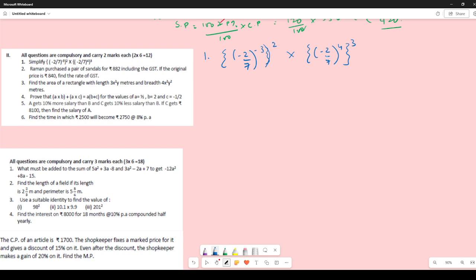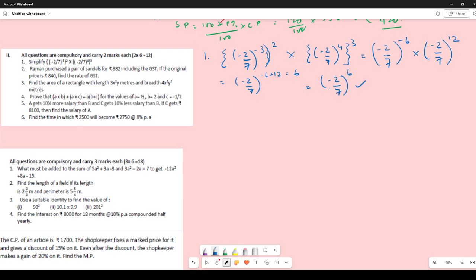Now see, the bases are the same, and if you remember the laws of the exponents, what it becomes is minus 2 by 7 to the power of minus 6 into minus 2 by 7 to the power of 12. Now with into, you have to add up the powers, so this becomes minus 2 by 7 to the power of minus 6 plus 12, that is 6. So the answer will be minus 2 by 7 to the power of 6.